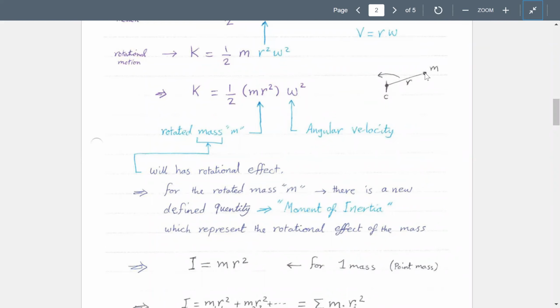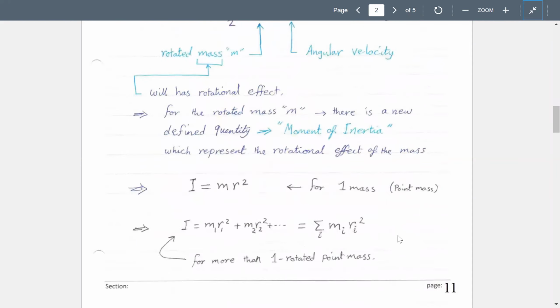It needs different amount of force if we change the position of this mass. If we put it at the middle of the radius, it needs a different amount of energy or force to rotate it. But the mass m is the same, but the radius will change. Because of that, in the rotational motion, we don't have a mass. We have a moment of inertia. Okay? Which represent the rotational effect of the mass.